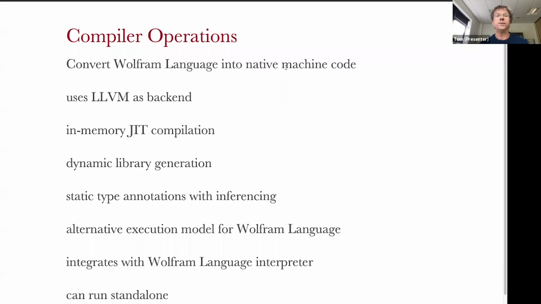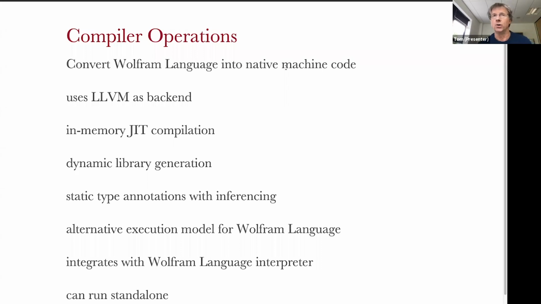The idea of the compiler is that it converts Wolfram language code into native machine code, so that code runs very close to the metal, the hardware of your machine. It uses LLVM as the back end.